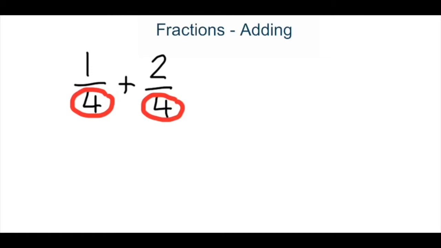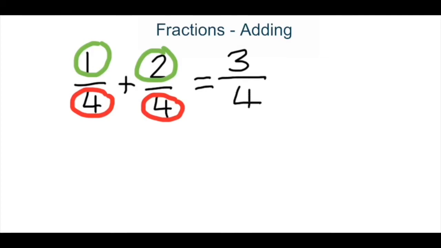If they are the same, we can add the top two numbers together, 1 plus 2, which gives us 3, and put it over the common denominator, which is 4. So 1 quarter plus 2 quarters is 3 quarters.